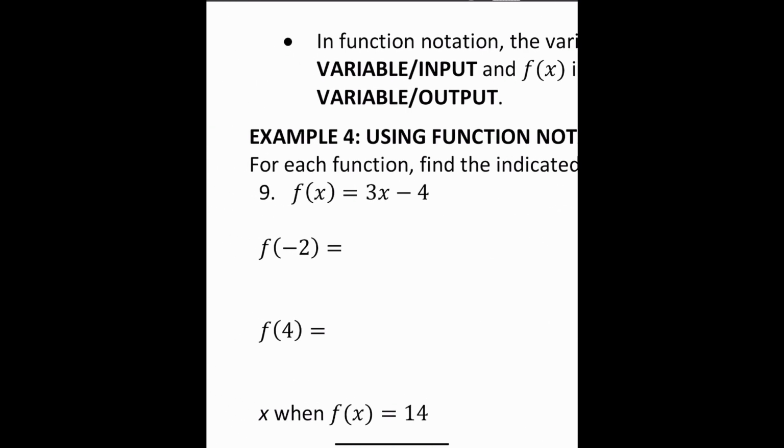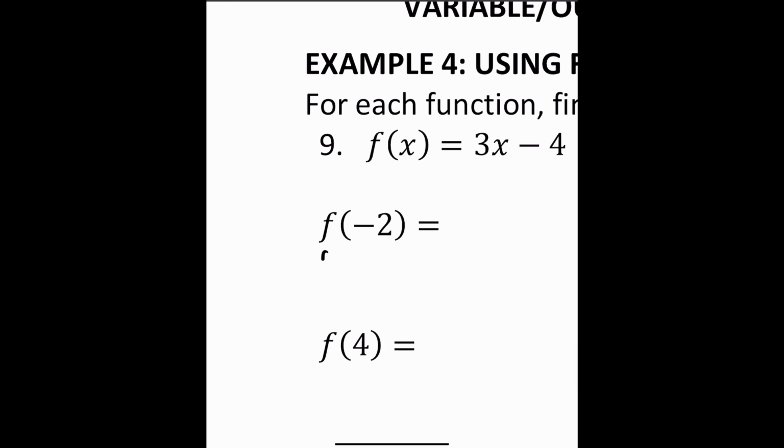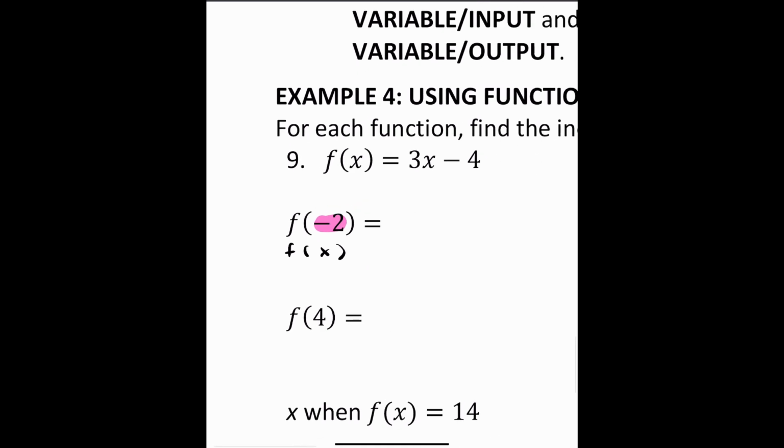All right, so number 9 says f of x is equal to 3x minus 4. I'm being asked what f of -2 is. Now, as you can see, f of -2 is the same thing as f of x, right? So the x value in this case is -2. That's going to be my input. So I'm going to replace each x value with -2.